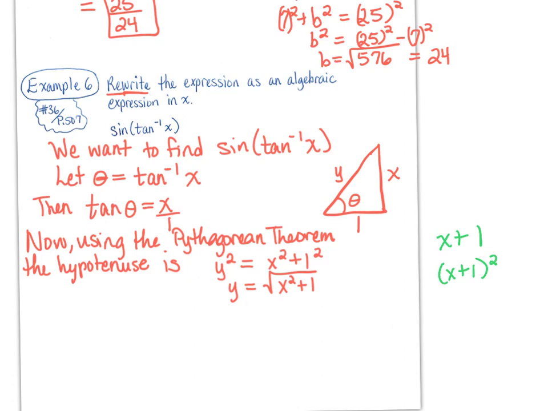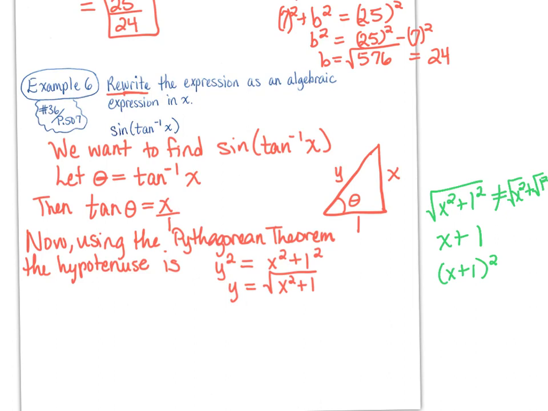Let me point out why neither one of these is true. The square root of x squared plus 1 squared does not equal the square root of x squared plus the square root of 1 squared. That's not true.